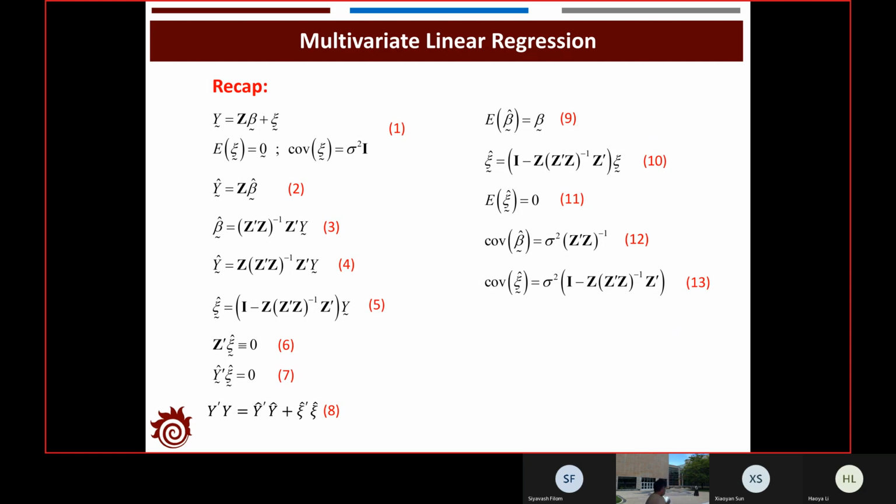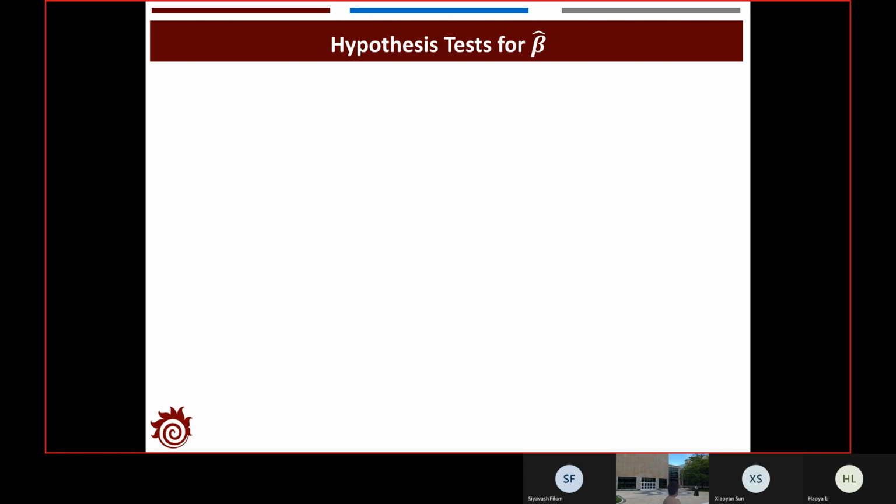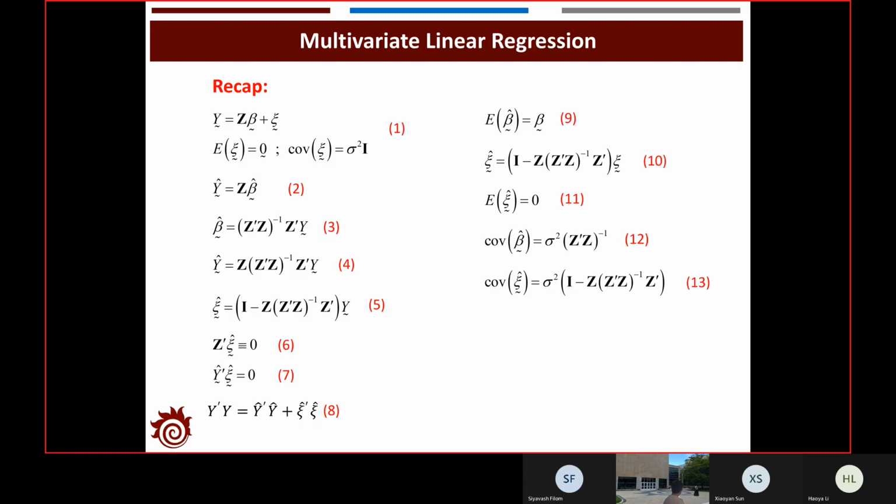We can always check something more. For example, you can check the covariance of the y hat, the expected value of the y hat and so on. But that's something we will not further explore here.